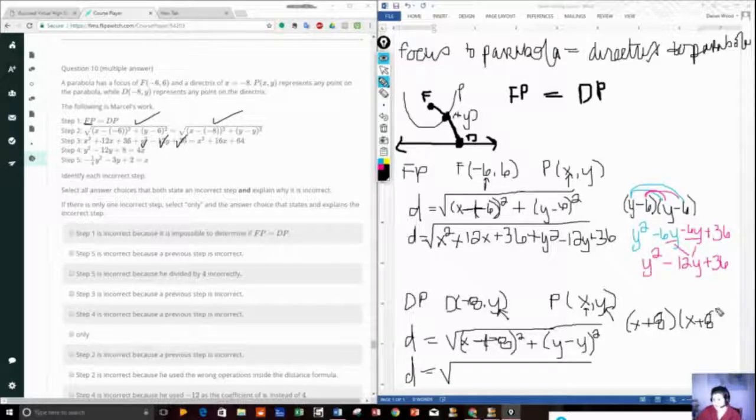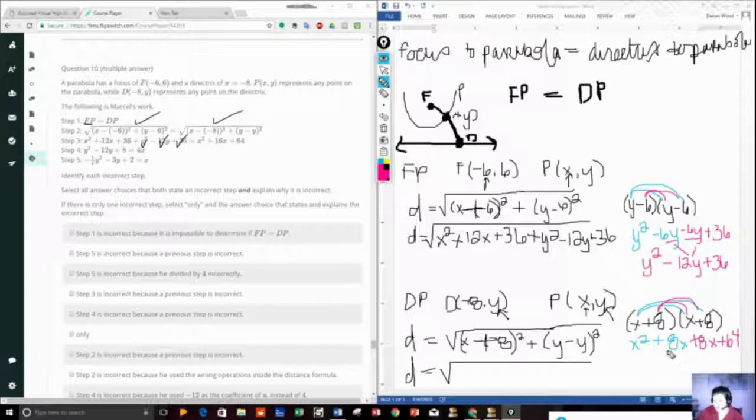And then to multiply these, we're going to distribute. So we have x times x, which is x squared, and x times 8 is 8x. And then 8 times x is a positive 8x. And 8 times 8 is 64.